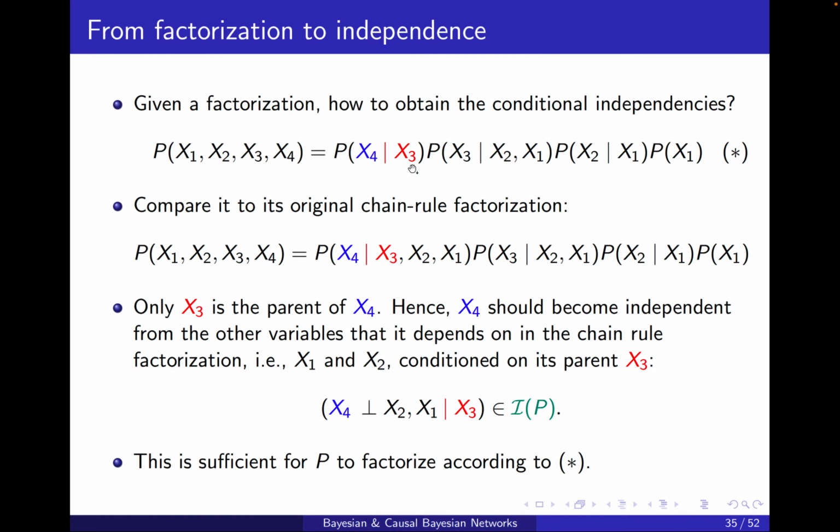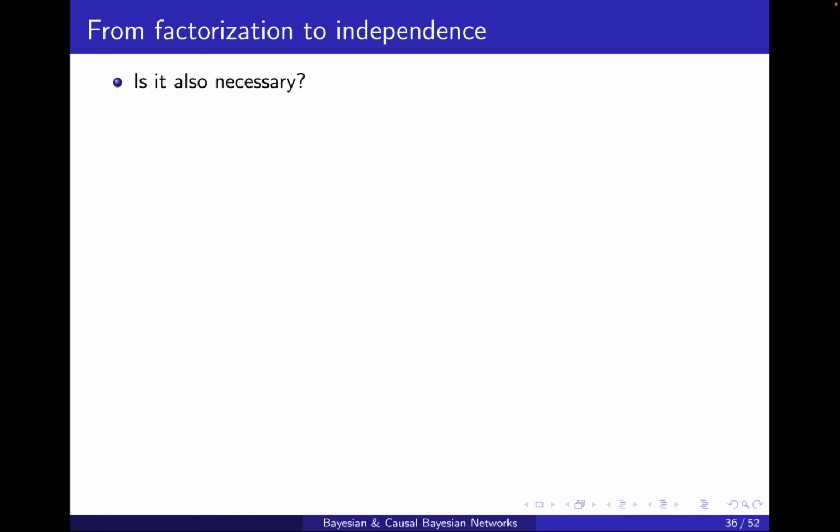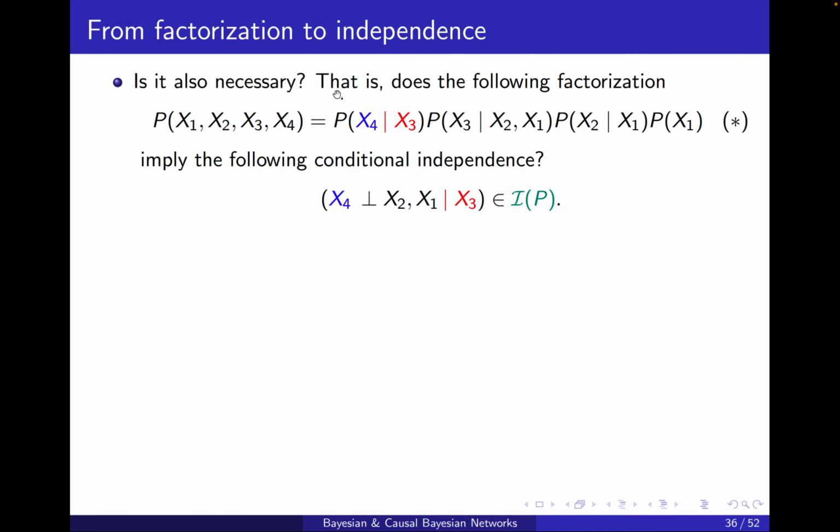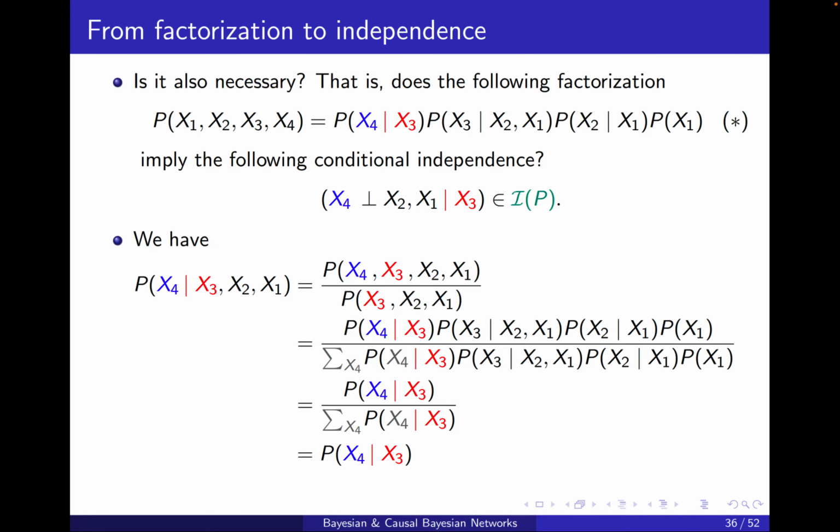Okay? But is it also necessary? So meaning that if the following factorization is given, can we conclude that this conditional independence also holds? Now for that, we need to prove it, and here's the proof.